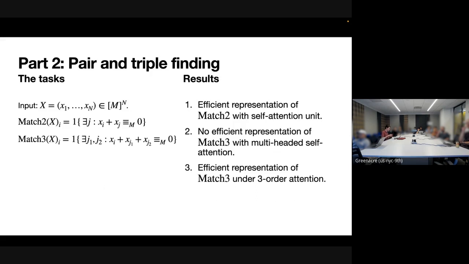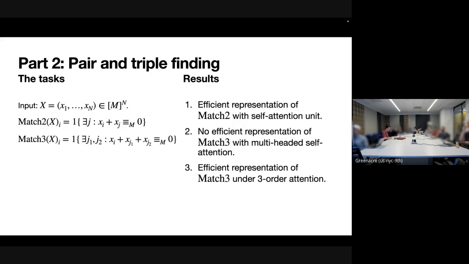But we can do some type of generalization, like the higher order graph neural network generalization that exists, where you can then show that this match 3 problem becomes easy once again if we allow ourselves this more generalized tensorized attention approach. And you could indeed keep doing this if you wanted. You could define match k and show that a k order tensor can represent it. I think it's most interesting in this simple setting, but you could generalize it beyond that.